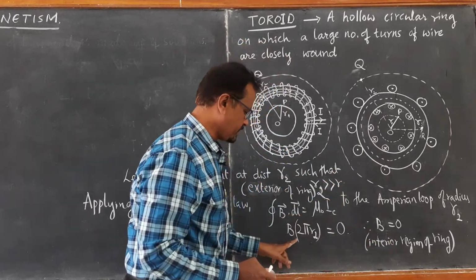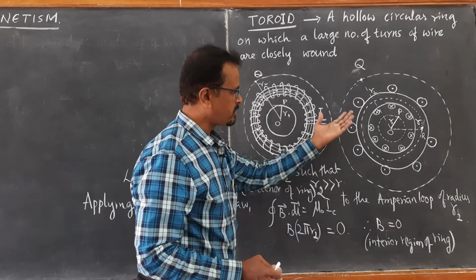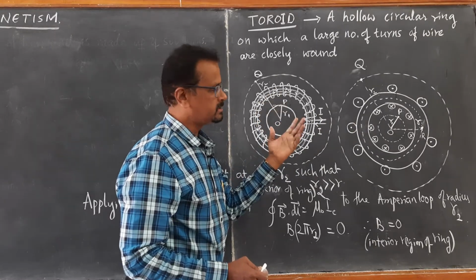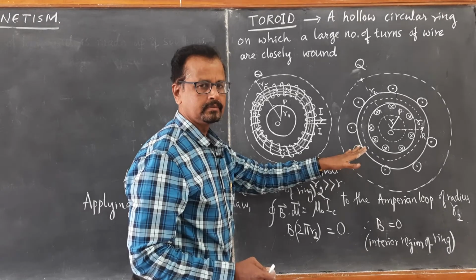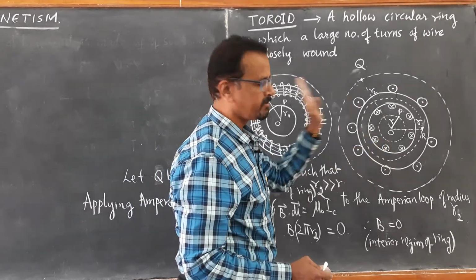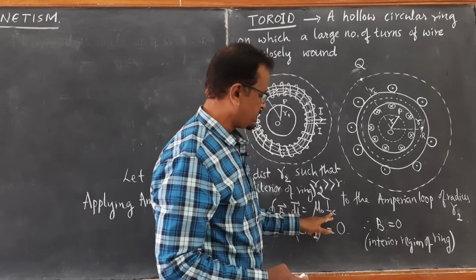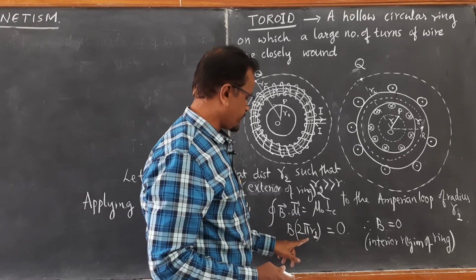Therefore, B into 2 pi r2 becomes 0, because the number of currents emerging out through each turn is equal to the number of currents entering into the plane of the board. Therefore, the total current enclosed IE is again 0.